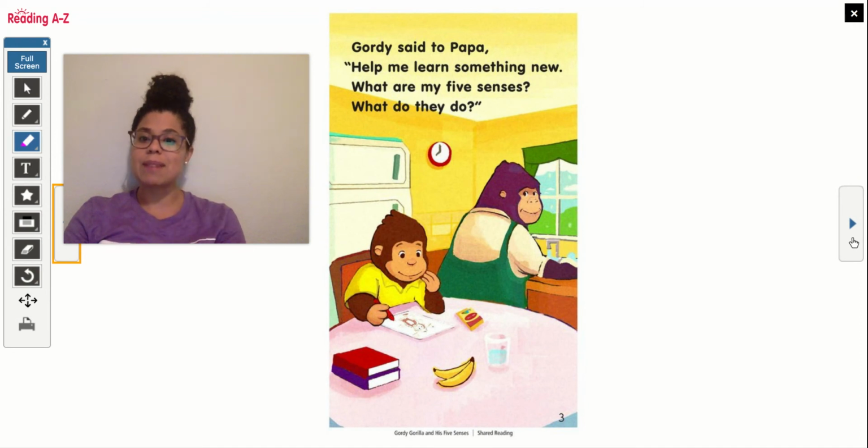And I used my sense of smell to practice my breathing and to smell the fresh air. So when Gordy went on a walk with his dad, it reminded me of when I went outside on a walk and I used my sense of sight and smell to see the things around me.